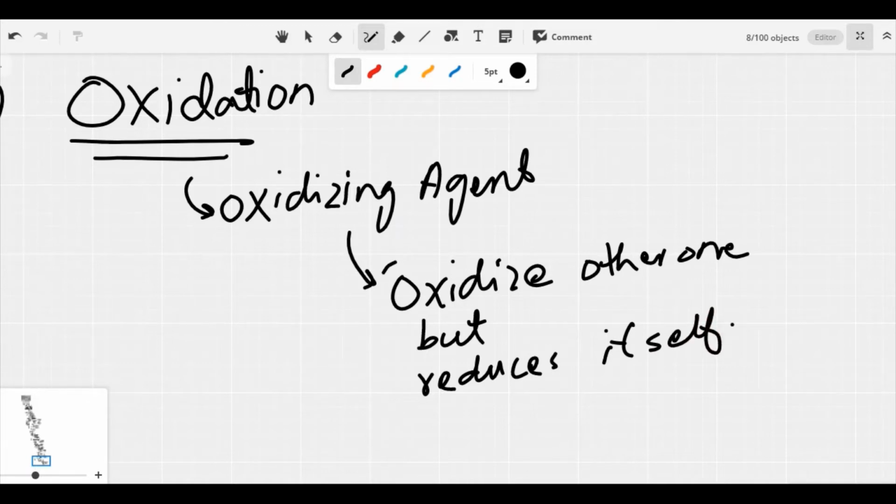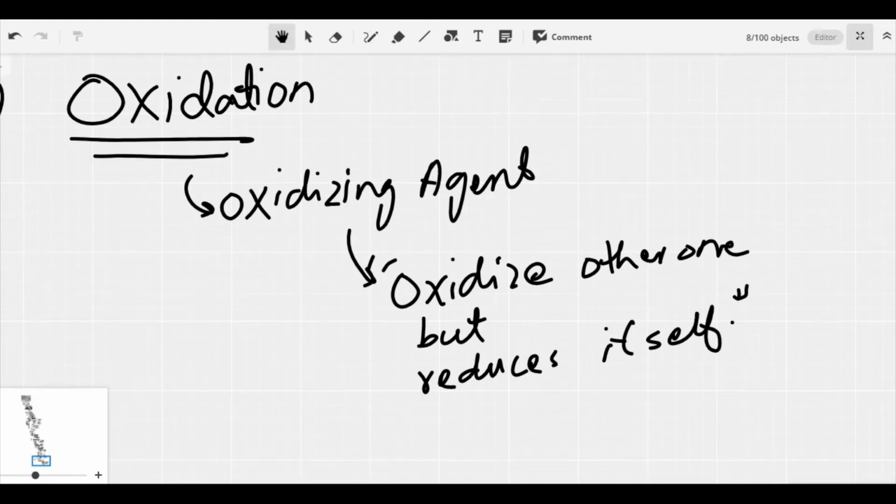Remember it, okay? So here, depending on the oxidizing agent used, the terminal aldehyde or ketone or the terminal alcohol of both groups may be oxidized in the monosaccharides.